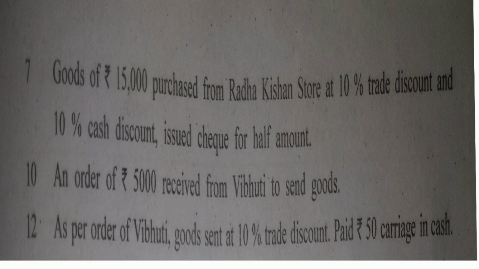13,500 rupees. Alright. Further, 10% cash discount. Issued check for half amount. Now what is the half for 13,500? Obviously it is 6,750. So 6,750 I have paid.